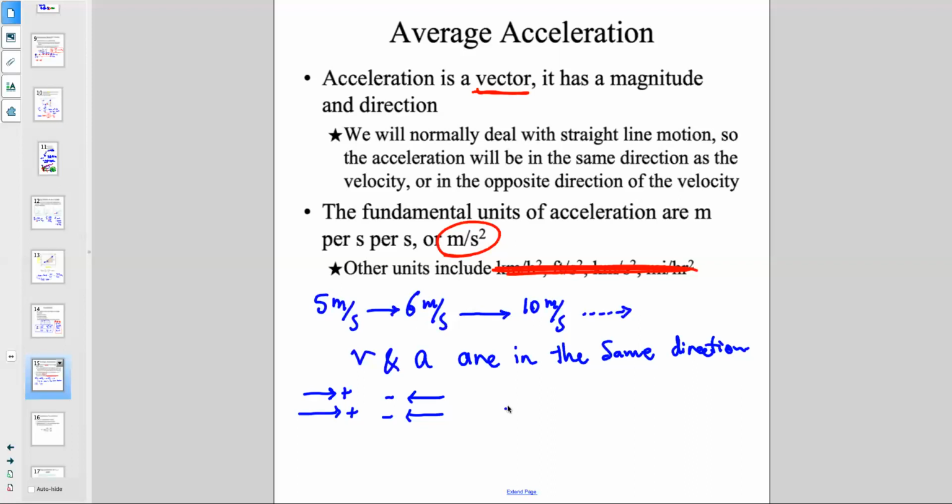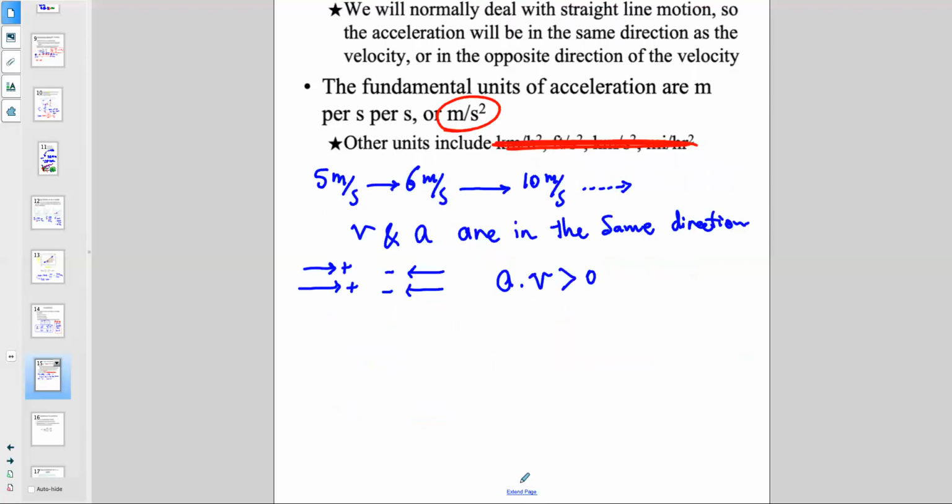In other words, if you multiply them, you will always end up with a positive number. Positive times positive is positive. Negative times negative is positive. If you're gaining speed, if you multiply a and v, acceleration and velocity, you will end up with a positive number.